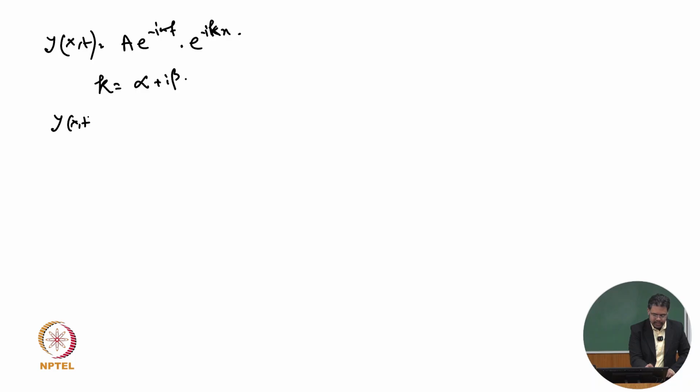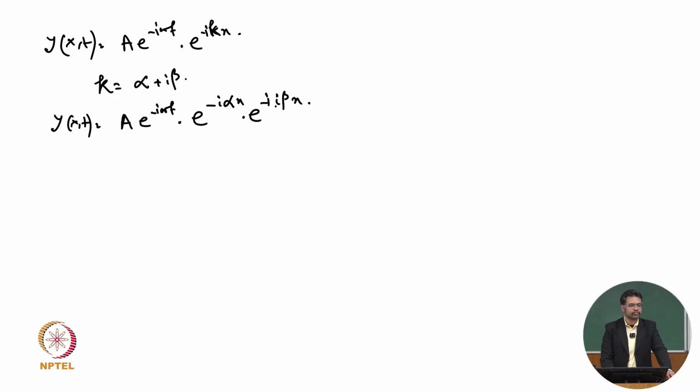Now if I just substitute it here, I can get e to the power of minus i omega t into e to the power of minus i alpha x into e to the power of minus i into i beta x. I can split it up from the index notation.